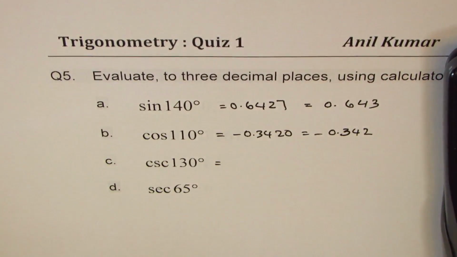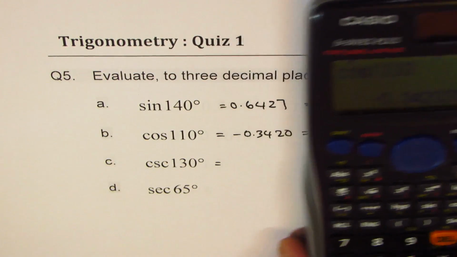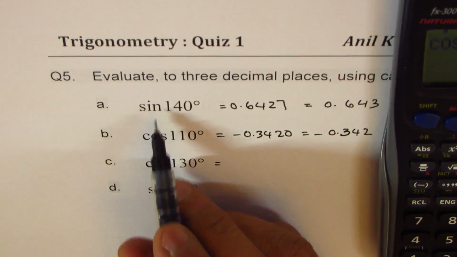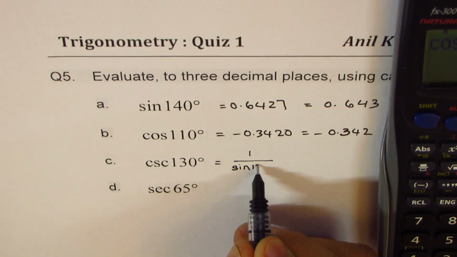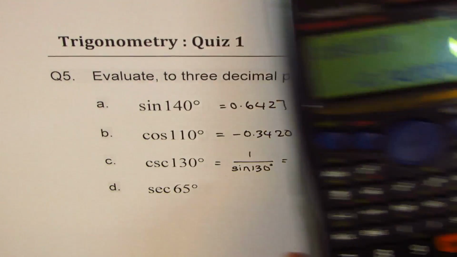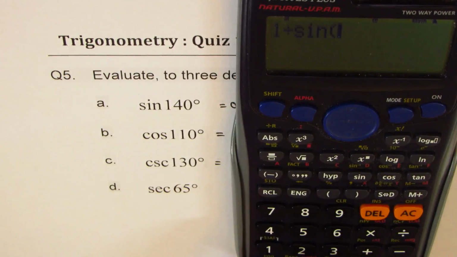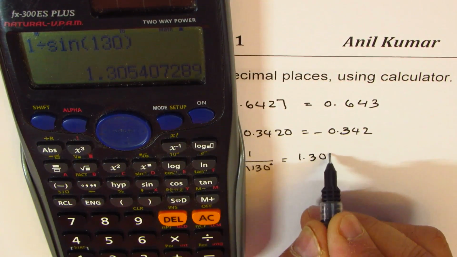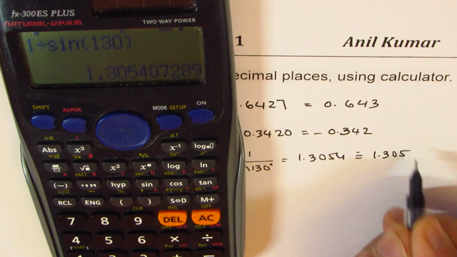Now cosecant, how will you do cosecant? Now we have only sine, cos and tan here. So to do cosecant, we have to use the reciprocal ratio, right? So cosecant is the reciprocal of sine, so it is equal to 1 over sine of the angle 130 degrees, correct? So we'll divide 1 by sine 130 to get cosecant, and whatever we get, in this case it is 1.3054, we'll round that to 3 decimal places, which is 1.305, correct?